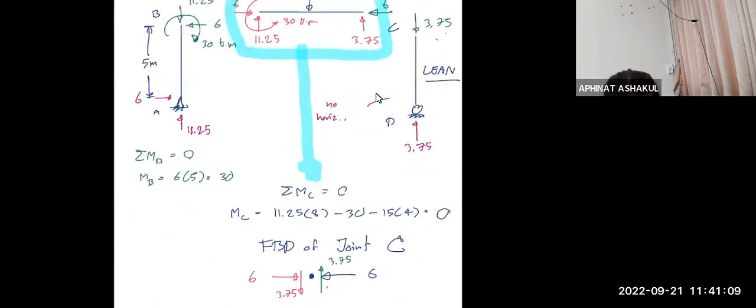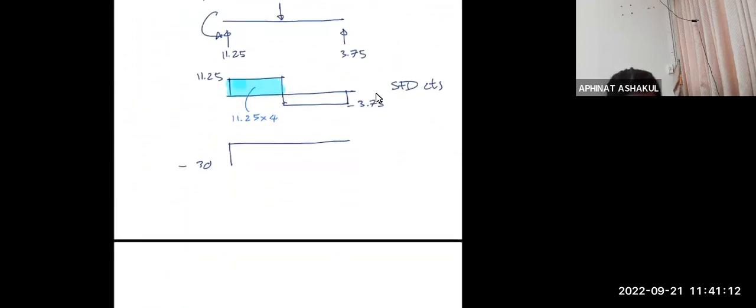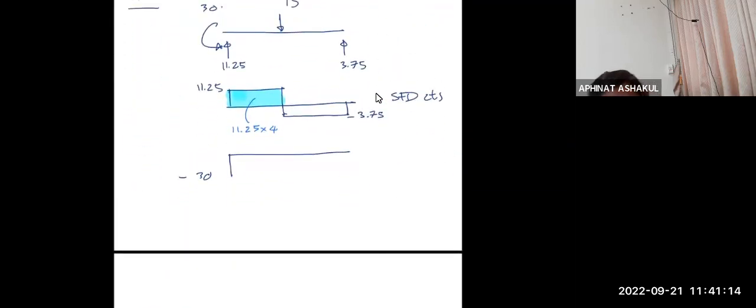Yeah. So that's 45, right? Can you tell me what unit this is? The unit of the area of the shear force diagram? Ton. It's ton meter because it gives you moment, right?